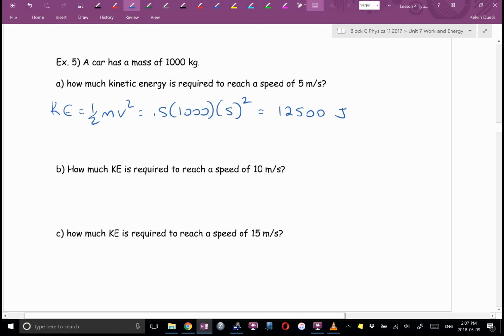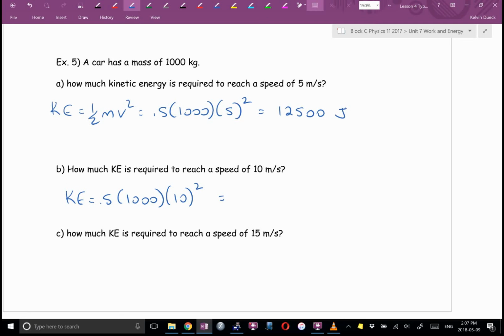Emily, in part B, how fast are we going? Twice as fast? Does twice as fast take twice as much? Crunch the numbers and find out. So it would be 0.5 times 1,000 times 10 squared. I don't think you get twice as much, because twice as much would be 25,000. That's not what you get.